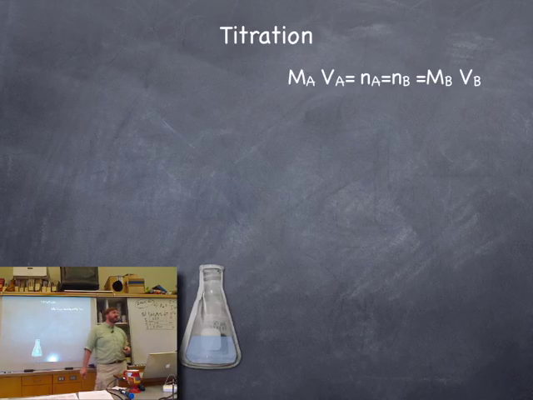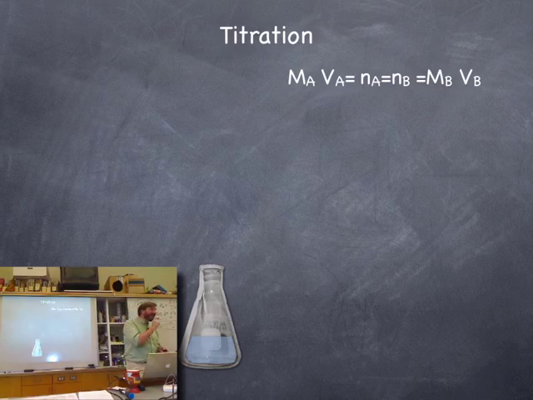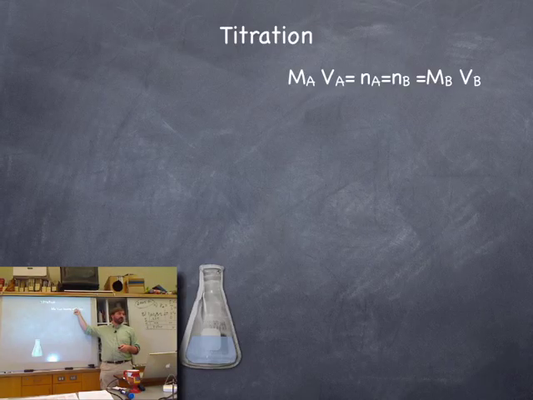What we want to do is react it with some base that we know the concentration of. And there are various ways that we can find the concentration of a solution as we're making it, or afterwards. There's a similar process to this, as you'll see next week, where you can take a solution that you don't know and use a solid that we can weigh out very easily.